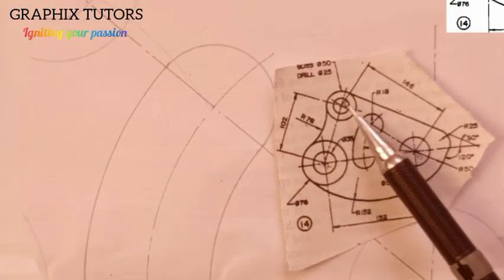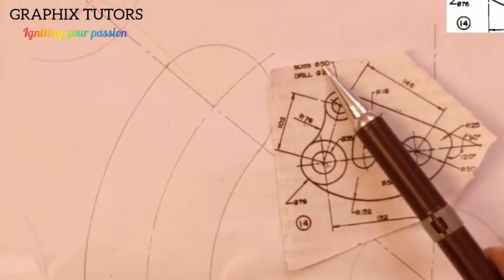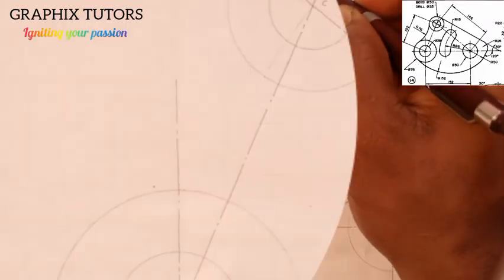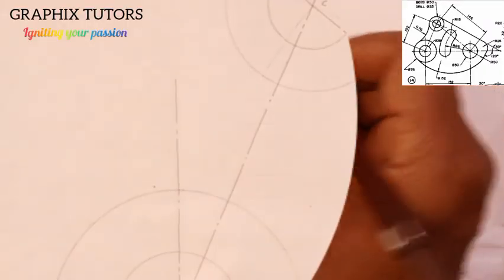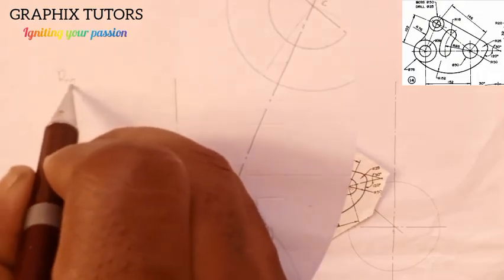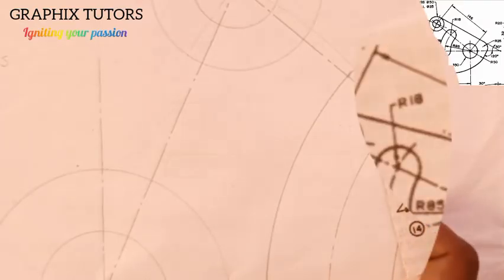Now the radius of this outer circle here is 25 because the diameter is 50. So we're going to say that our arrow 25, that means the radius of the circle, plus the bigger radius, which is what? 76.